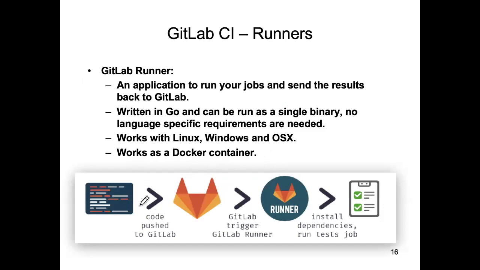If we look down at the bottom of the screen, on the left we have our application source code. We commit changes to that source code and push those commits to the GitLab repo. GitLab will then detect that that repo has the YAML file that describes the continuous integration pipeline.